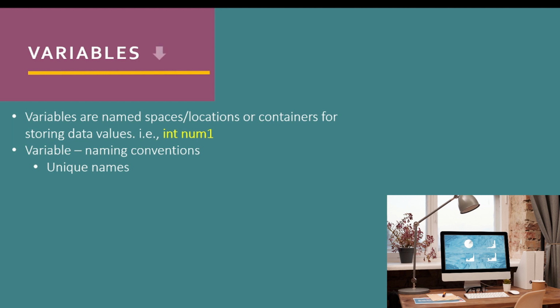Like in this example, you have simply created a variable called num1. You cannot have num1 again in your program, so it would be unique. It contains letters, numbers and underscore. There are only these three things possible in variable names: letters A to Z, numbers 0, 1, 2, whatever, and the underscore.